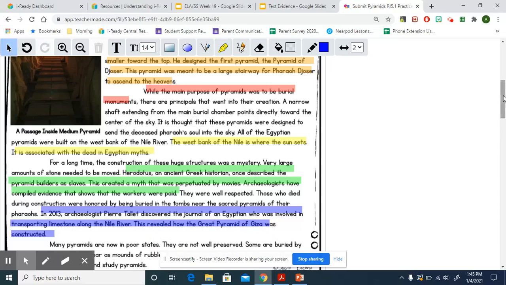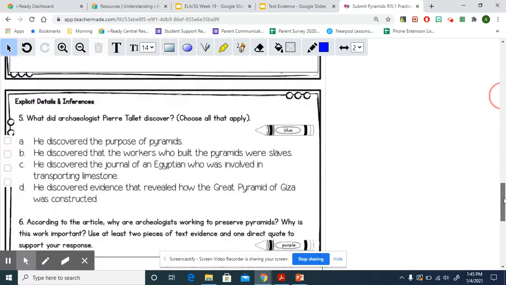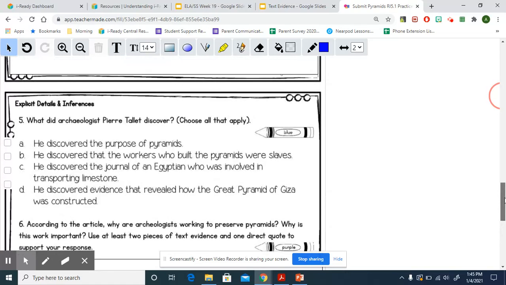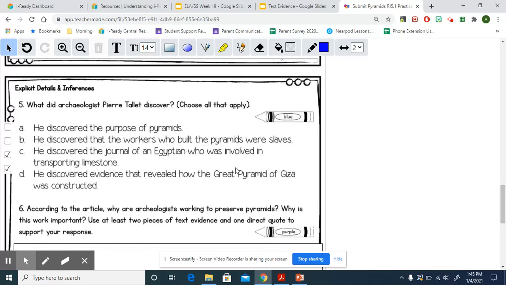I'm going to go back to my select tool so I can go down. He discovered the workers that built the pyramids were slaves? No. He discovered the journal of an Egyptian who was involved in transporting limestone, so that one. And that also led to how they discovered the Great Pyramid of Giza was constructed. So again, I have answered the question and I highlighted my proof in blue.